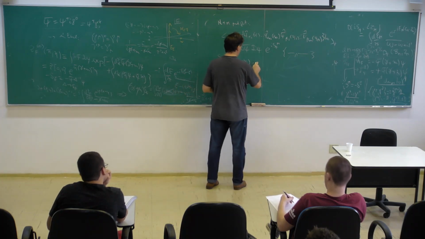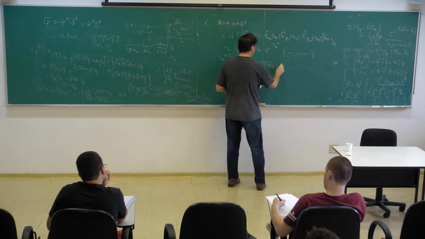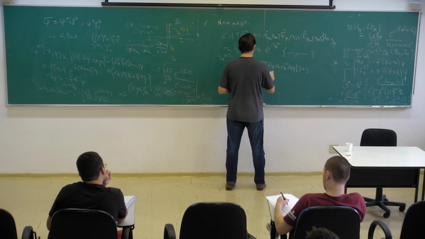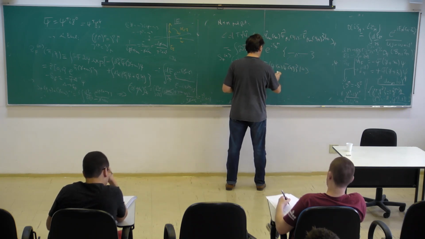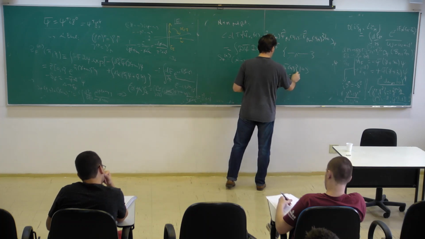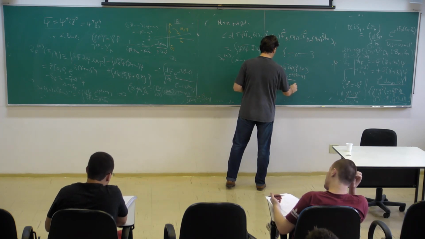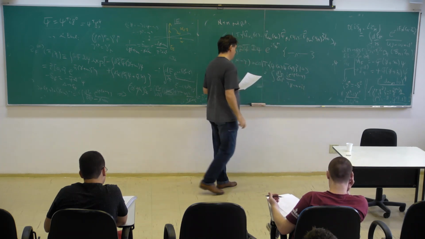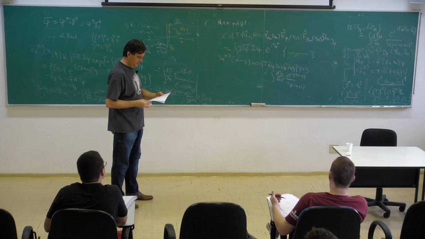So this would be T psi of x, psi bar of y, and this is this thing: d^4p over (2pi)^4, e to the i p (x minus y), i over p slash minus m plus i epsilon. And yeah, so all of the other things are the same way.